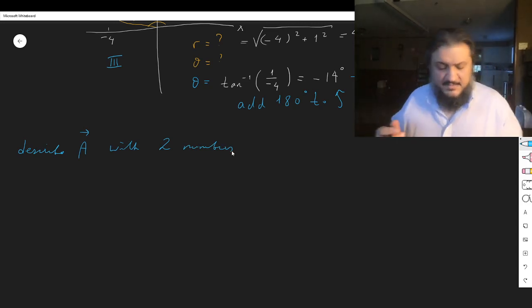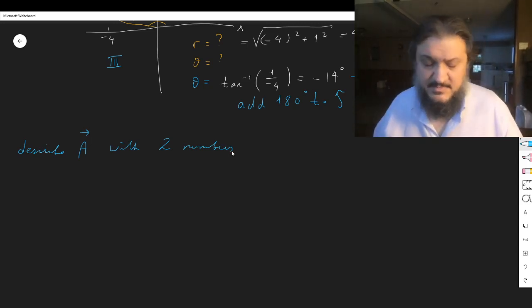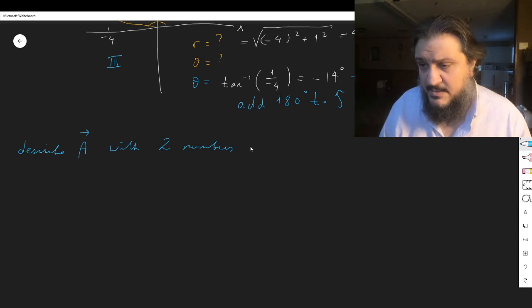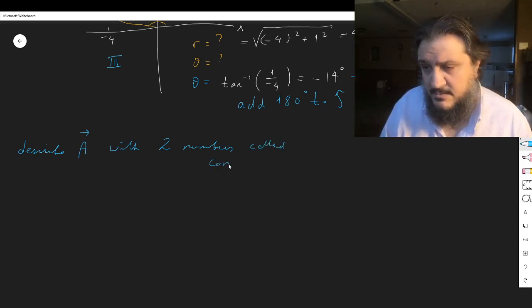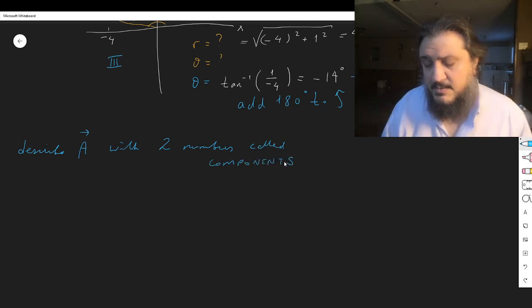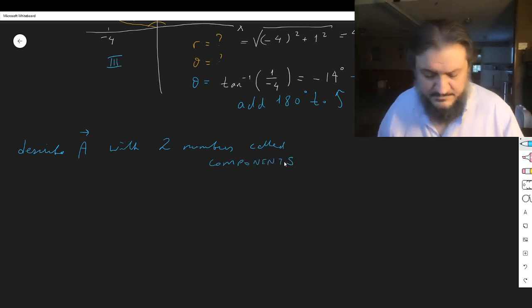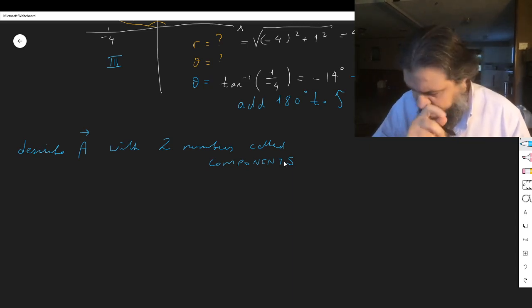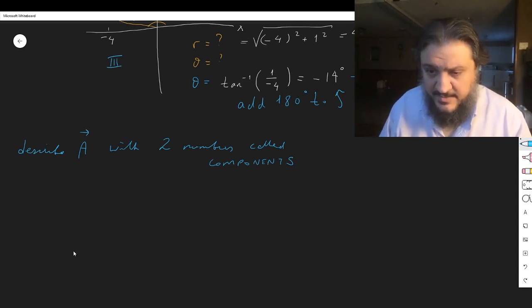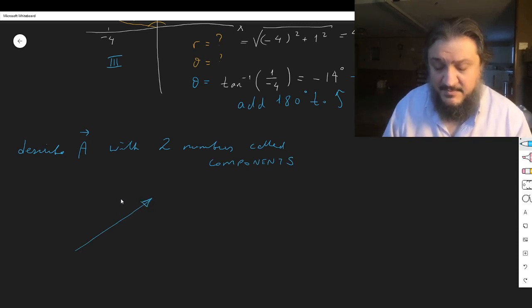We're going to call these components. Starting with a vector, for now I'm going to draw it just to describe what the method is.